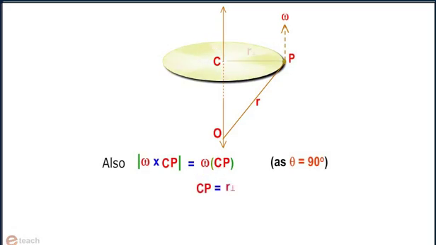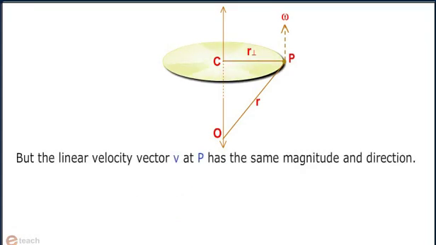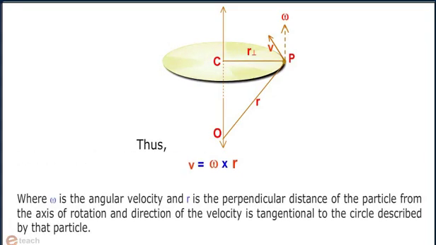CP equals r perpendicular, so omega cross CP equals omega r perpendicular. But the linear velocity vector v at point P has the same magnitude and direction. Thus, v equals omega cross r, where omega is the angular velocity and r is the perpendicular distance of the particle from the axis of rotation, and the direction of velocity is tangential to the circle described by that particle.